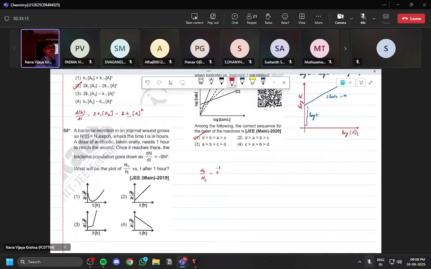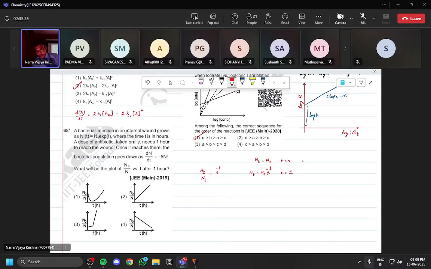Initially time is 0, Nt equals N0 when t equals 0. When t equals 1 hour, Nt equals N0 into e power minus 1.